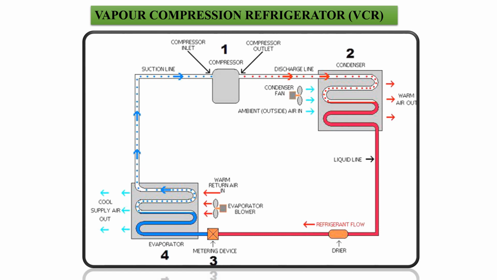The low pressure refrigerant vapor then flows to the compressor so that the cycle is repeated. Here you can use R134a or F12 as a refrigerant in the vapor compression refrigeration system.